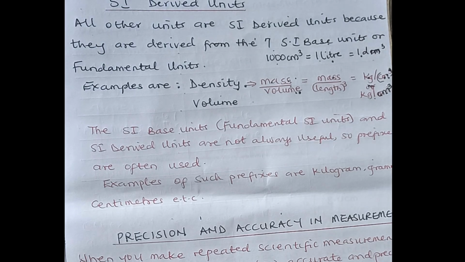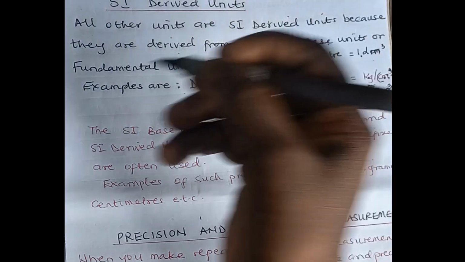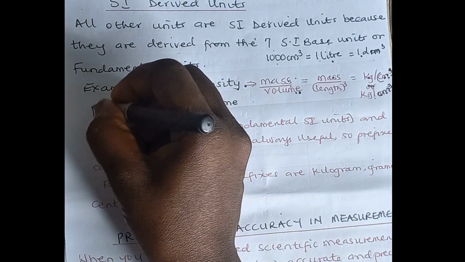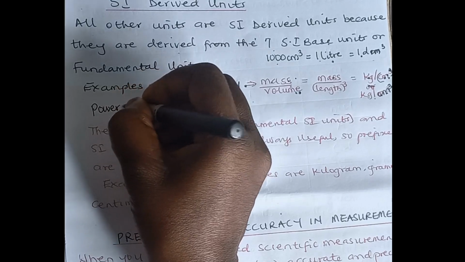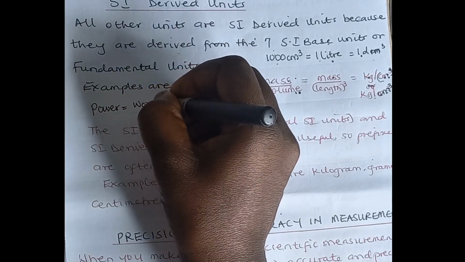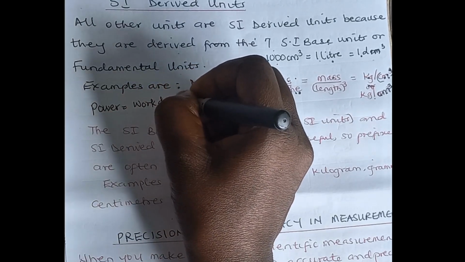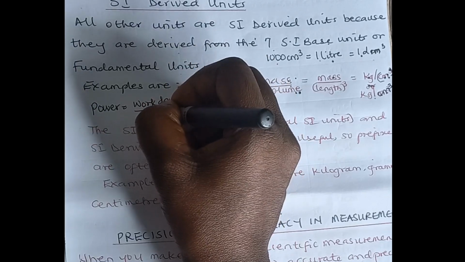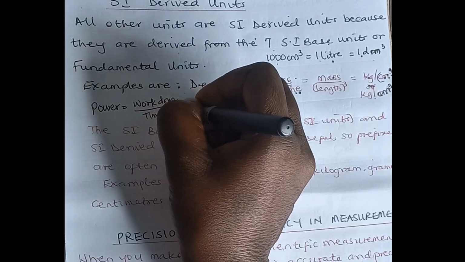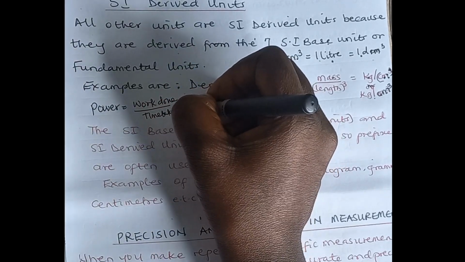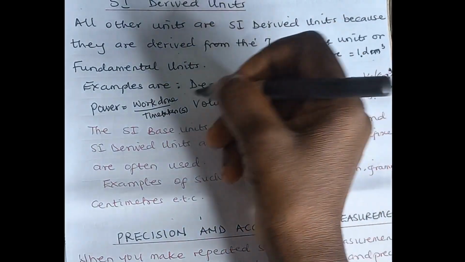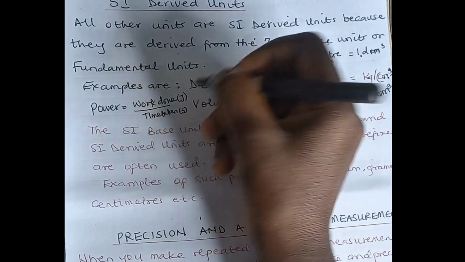We have other examples. Take for instance, power. Power is equal to work done over time taken. It should be noted that time taken is in second, work done is in joules.